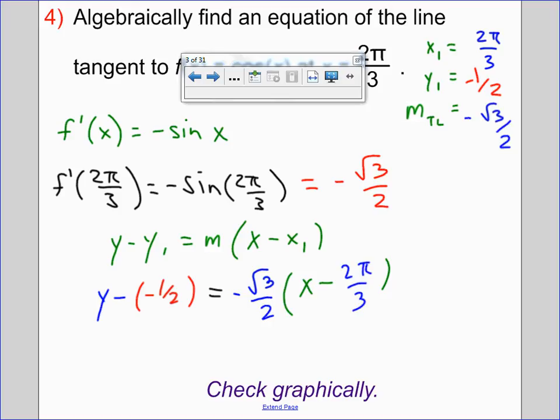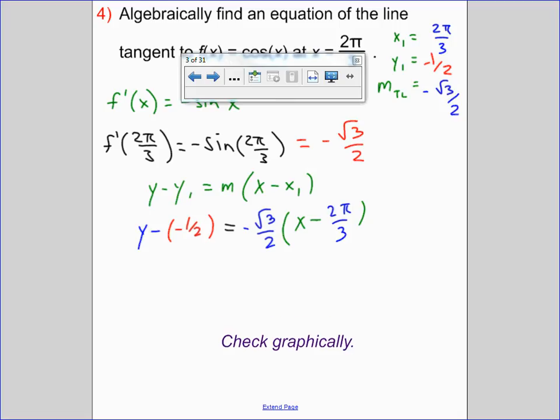So that'll be plus 1/2. I'm not going to mess around with distributing or trying to combine like terms that aren't going to look nice with the radicals anyhow. All I'm going to do is take this plus 1/2 and subtract it over and enter it in my graph. So I'm going to leave this as negative root 3 over 2 times quantity x minus 2 pi over 3, and then minus the negative 1/2 would be y plus 1/2.